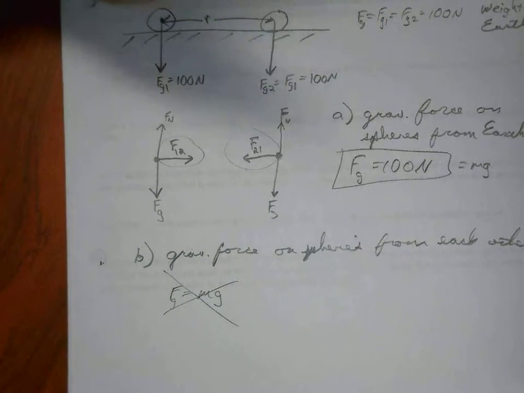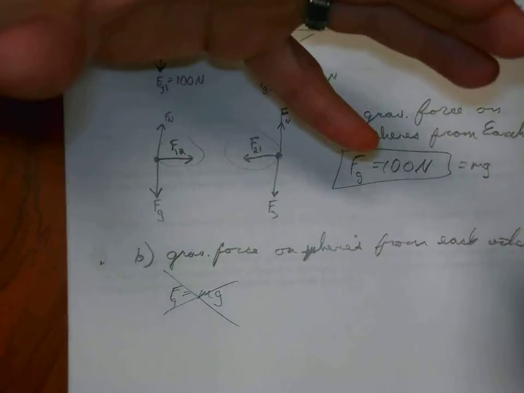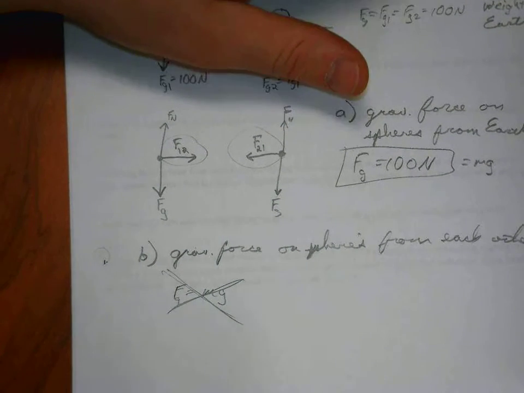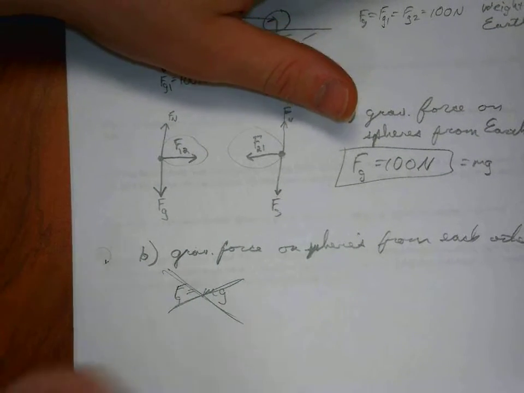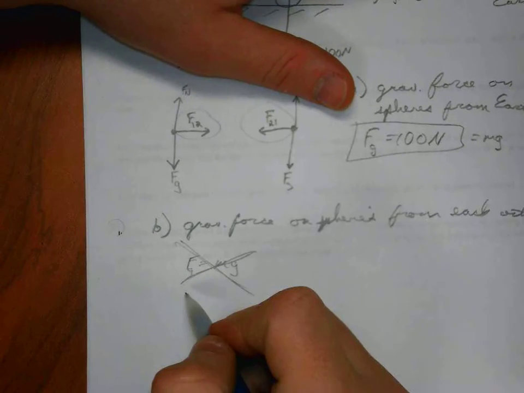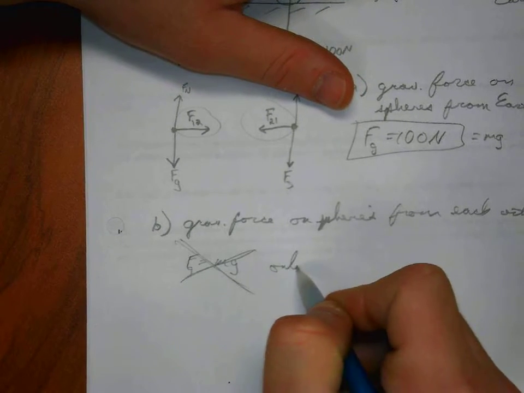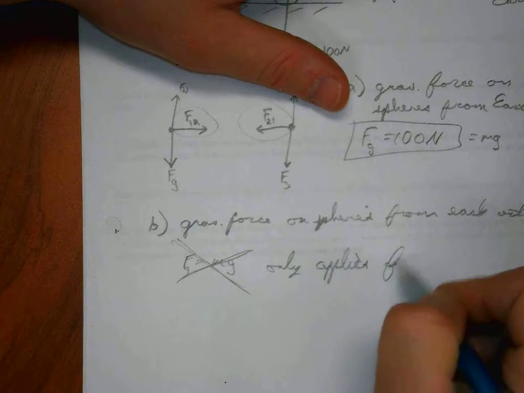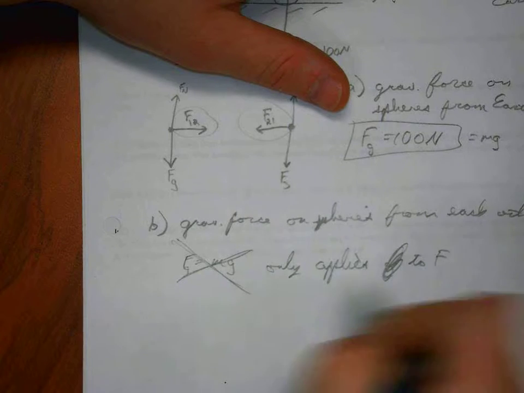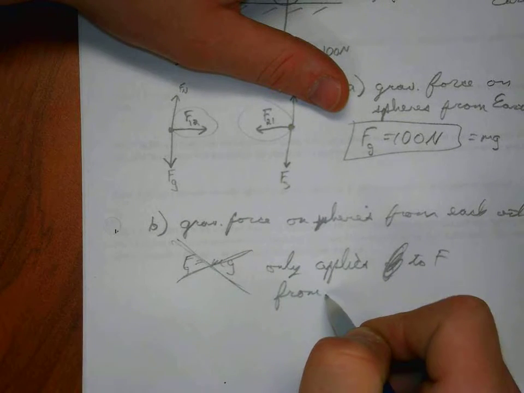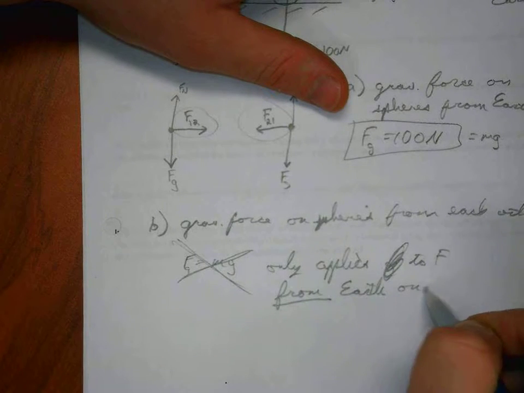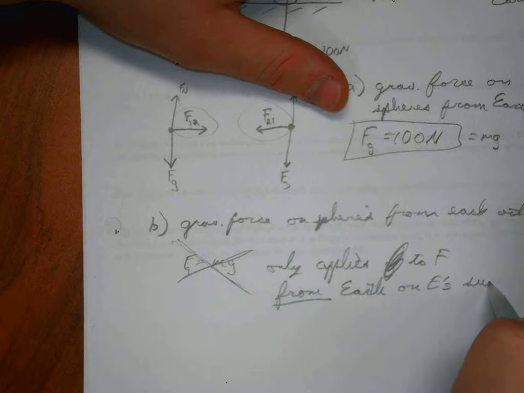So if you're ever dealing with a case that involves gravity and you're not talking about the gravity from Earth on the surface of the Earth, then you cannot use this Fg equals mg, because this is just an approximation. It only applies to force from Earth on Earth's surface.